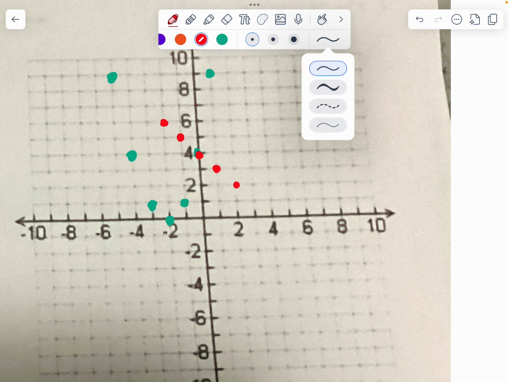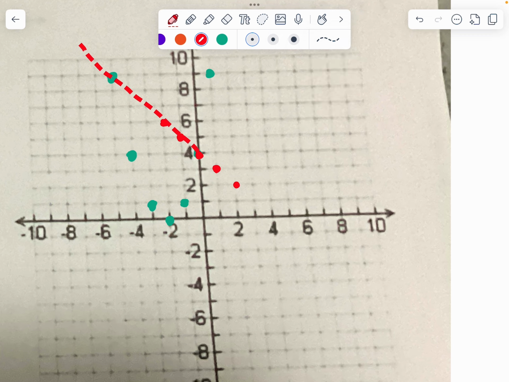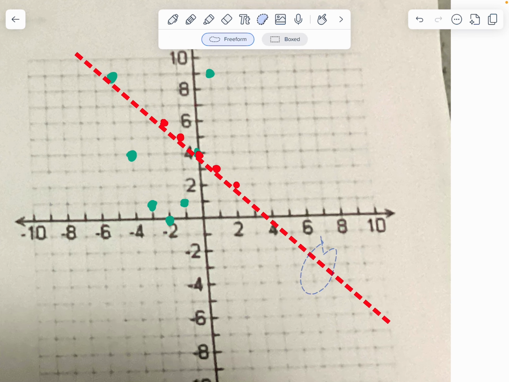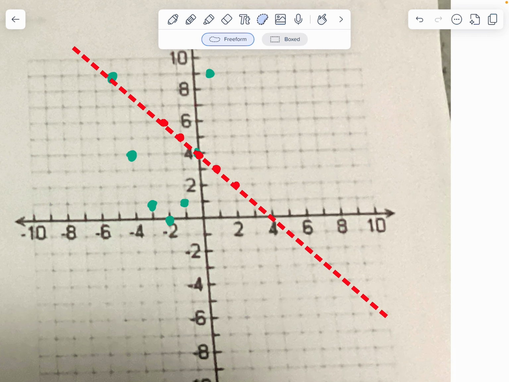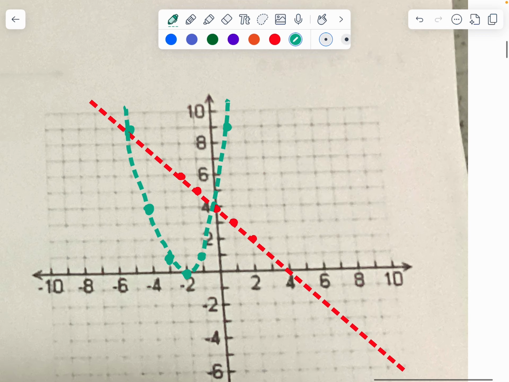Now get the dashed line. It's going to look something like that.